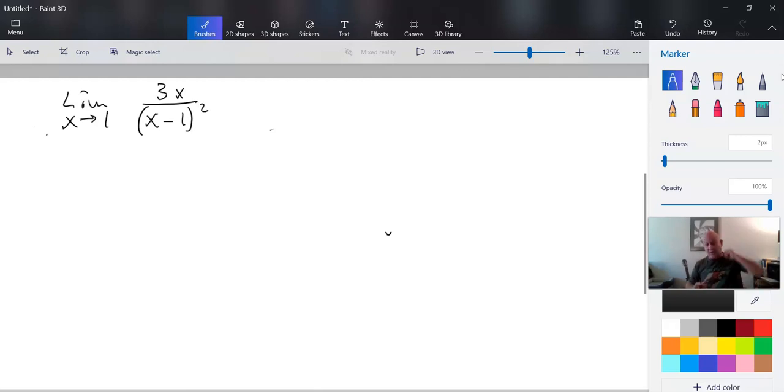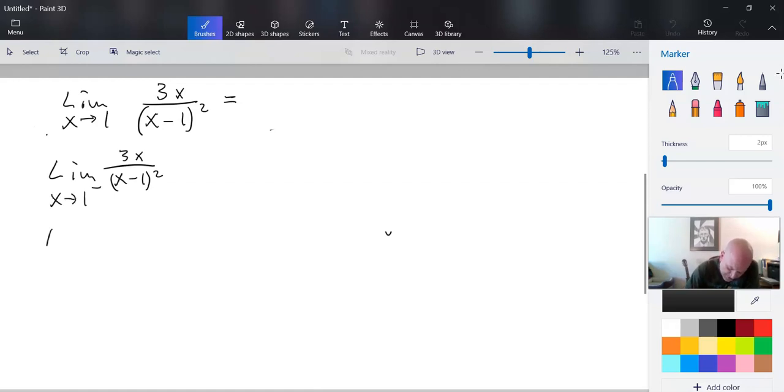So this time I'm squaring the denominator. Now, again, this is a reasoning thing. So we have to take the limit of this guy as x approaches 1 from the negative side and from the positive side. I'll just put quotes. It's the same function.